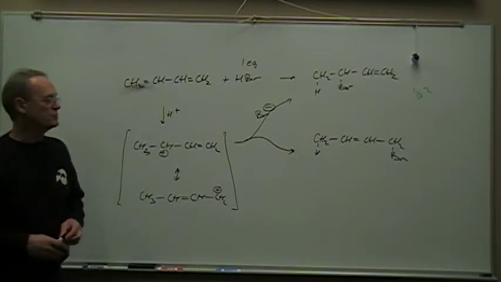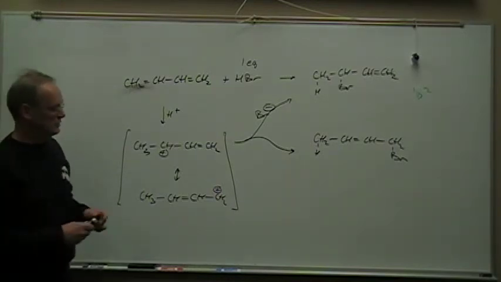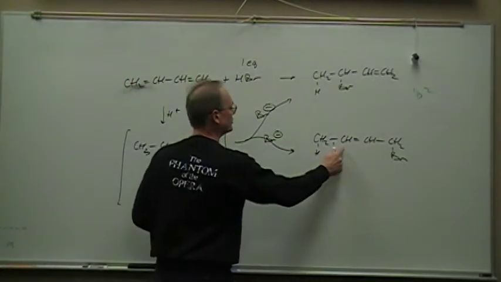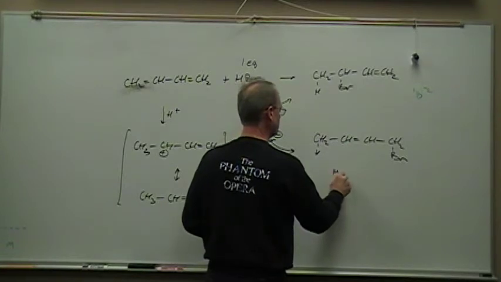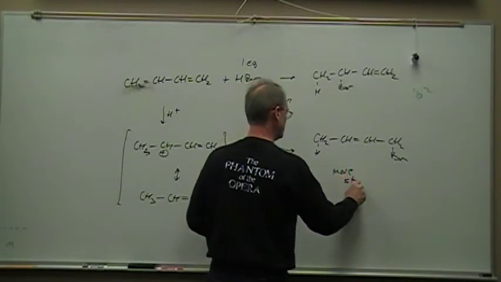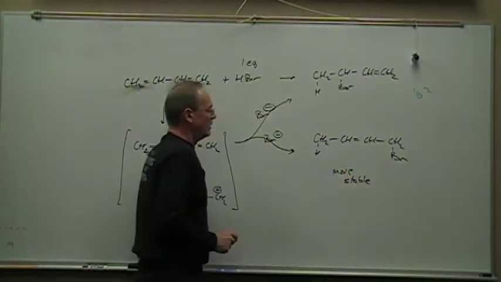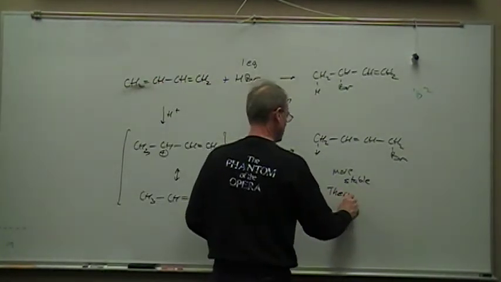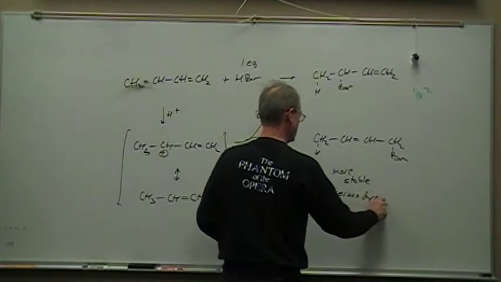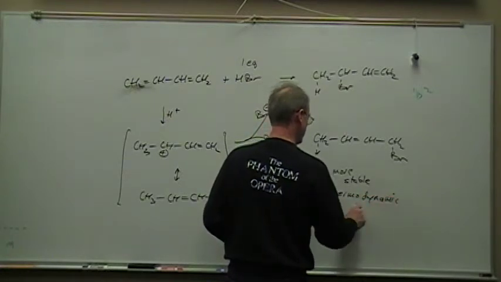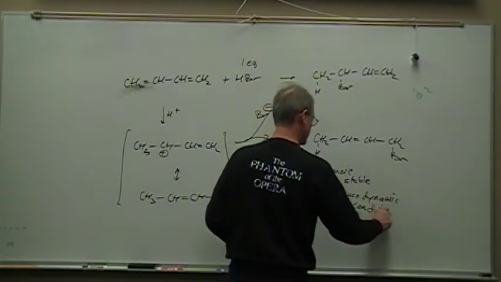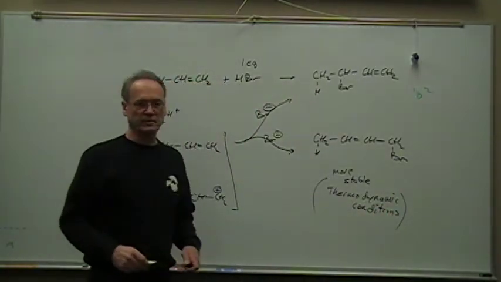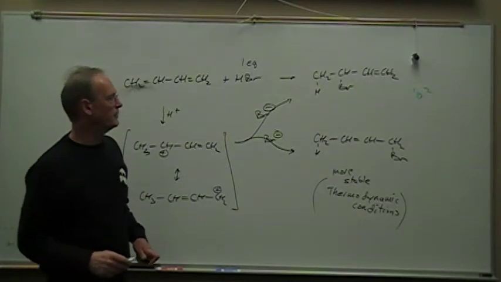Well, it depends on the conditions. If you're doing it under thermodynamic conditions, you'll get the more stable product, which would be this one, because the double bond's more interior. And so therefore that's the thermodynamic product. In other words, it's the one that will be the major product under thermodynamic conditions of relatively high heat and doing it for a long period of time.